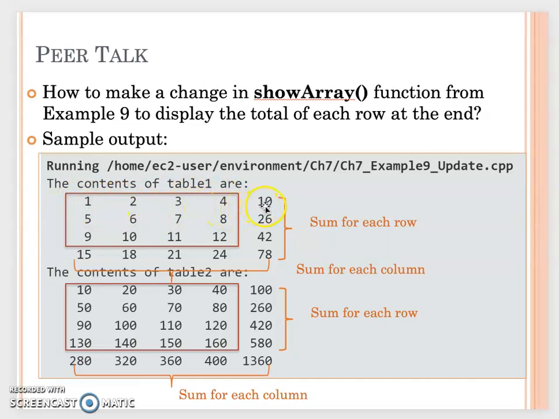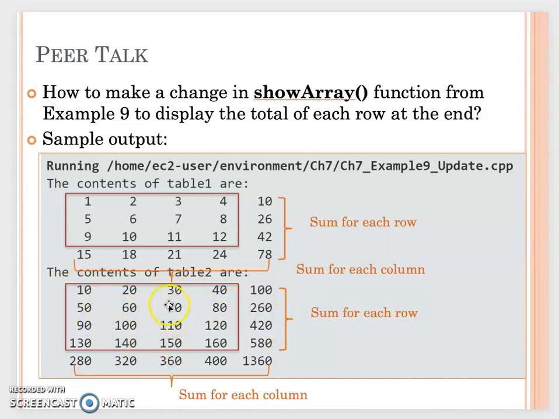Then I want to continue to display the total of this row: 1 plus 2 plus 3 plus 4 equals 10. The same thing for the second row: 5, 6, 7, 8. When we add them together, it becomes 26. The next one, 9 plus 10 plus 11 plus 12, is 42. That's how we get 100, 260, 420, and 580, because we have the sum for each row.